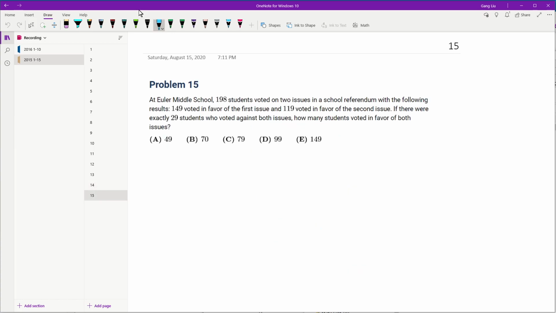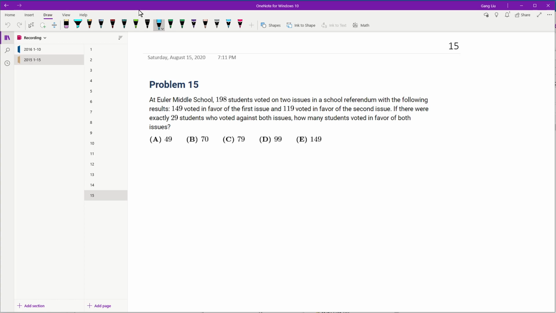And problem 15. At Weiler Middle School, 195 students vote on 2 issues in a school referendum with the following result. 149 vote in favor of the first issue and 119 vote in favor of the second issue.